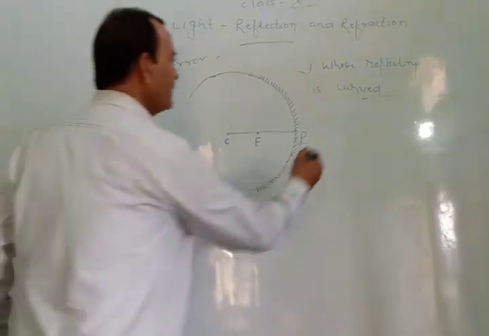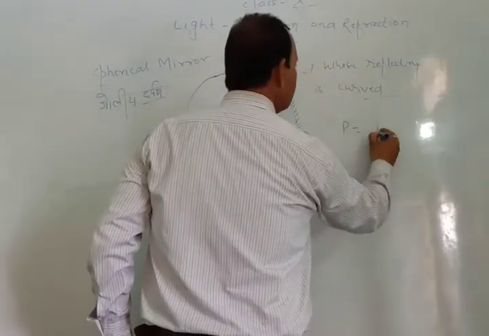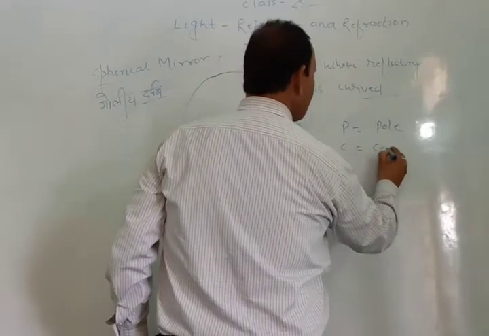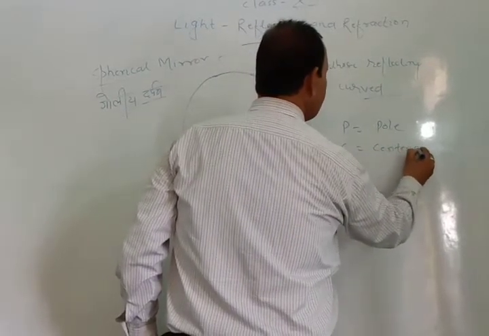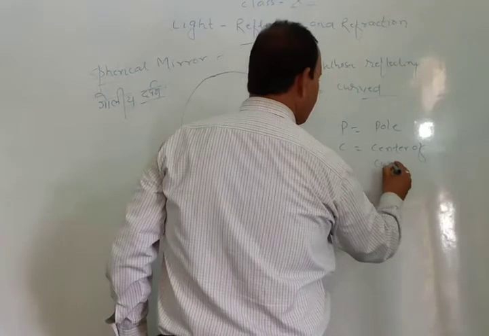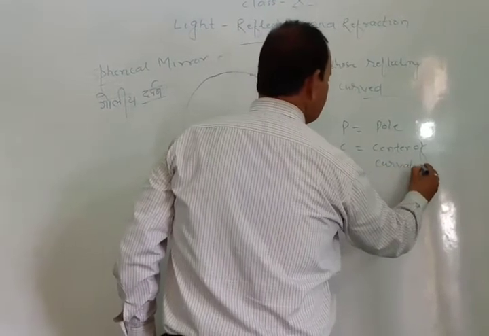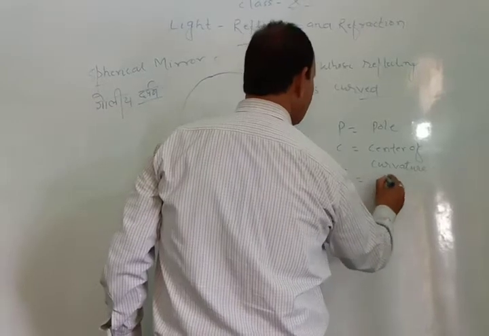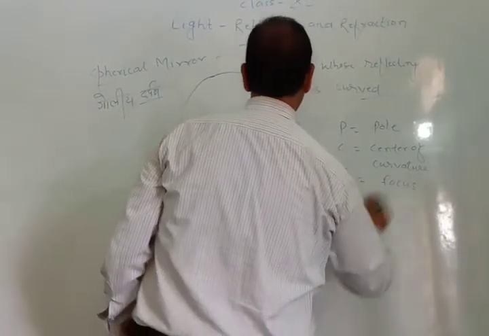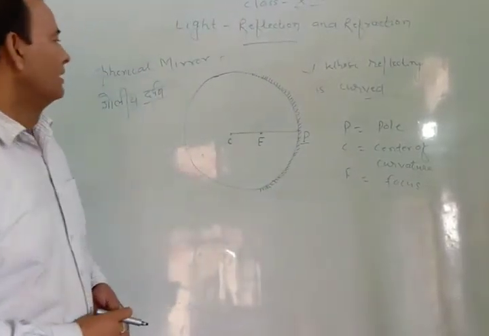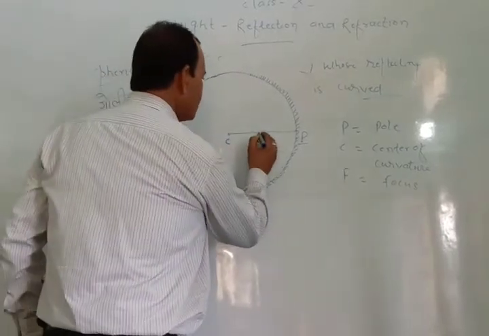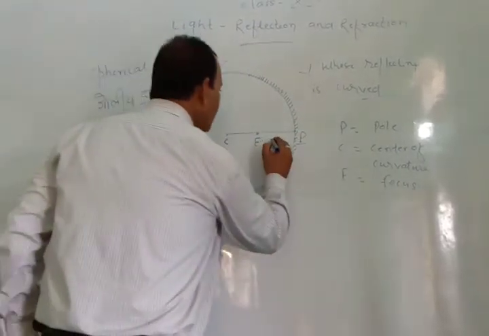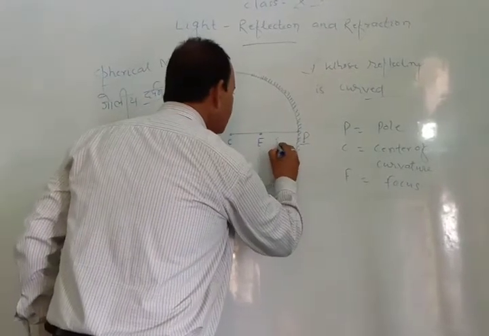So here P is the pole, C is the center of curvature, F is the focus. The distance from the focus to the pole is a small f.